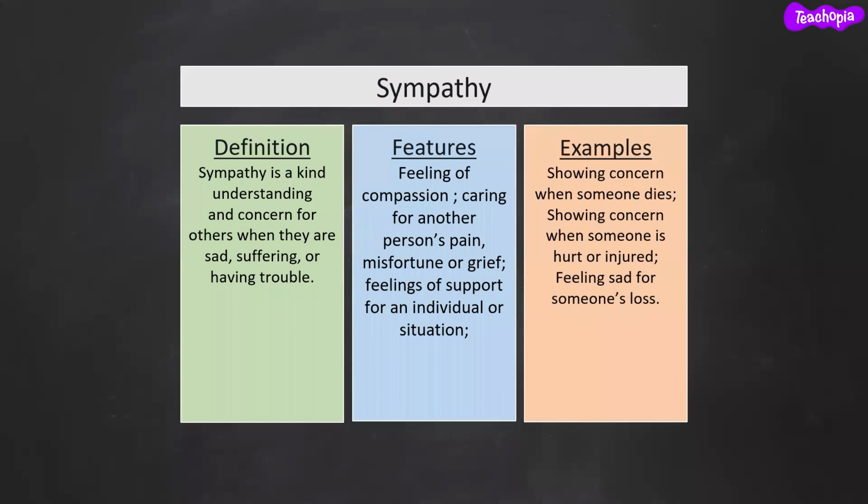That is the definition. Now in features: feeling of compassion, caring for another person's pain, fortune or grief, feelings of support for an individual or situation. These are features. And the examples are showing concern when someone dies, showing concern when someone is hurt or injured, feeling sad for someone's loss. This will become our basic language tool 1, our vocabulary set, with 3 categories: definition, features, and examples.